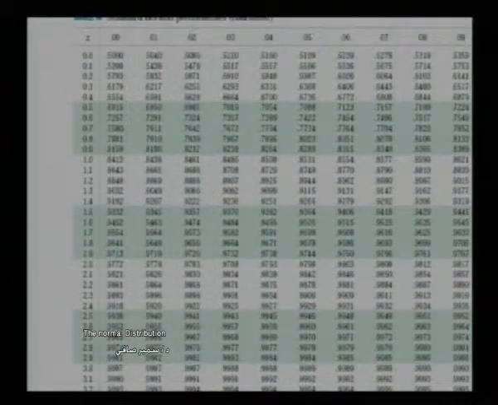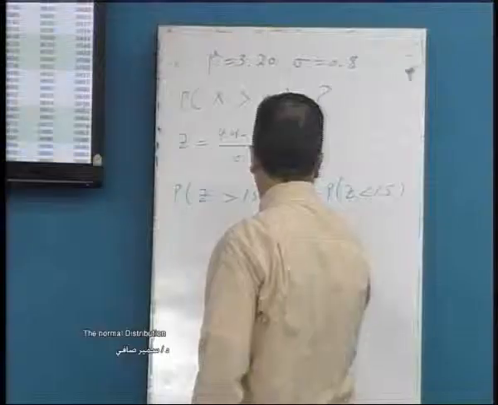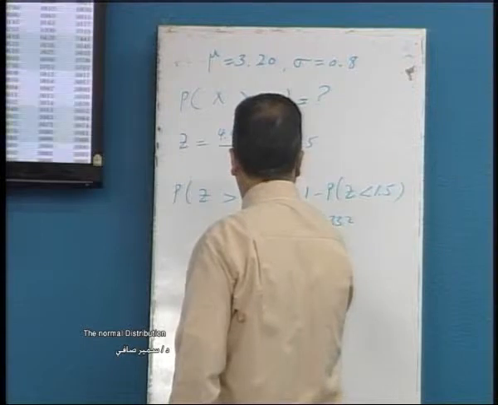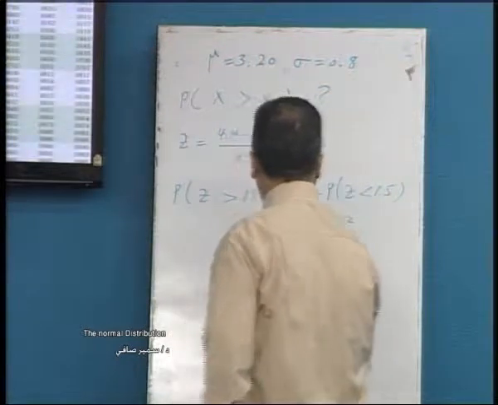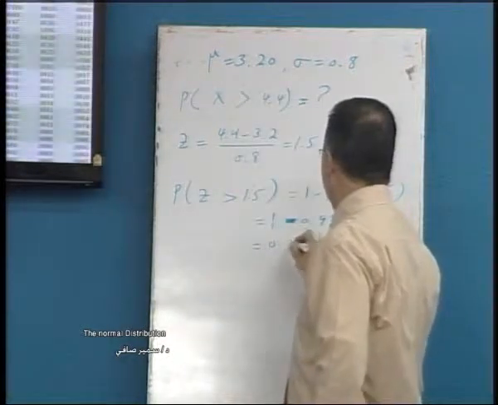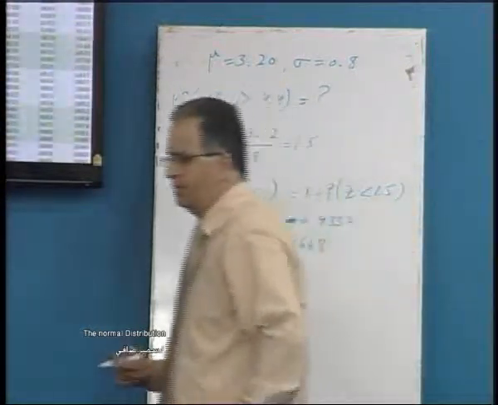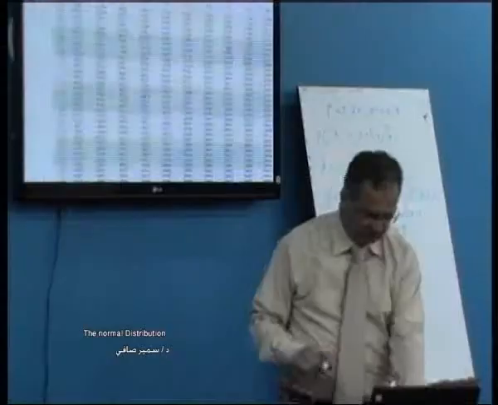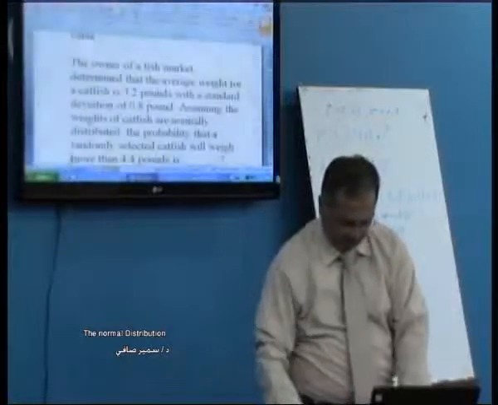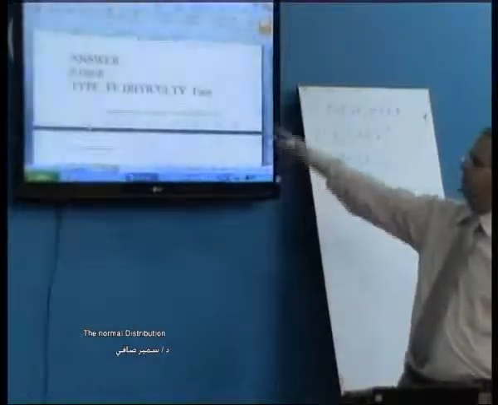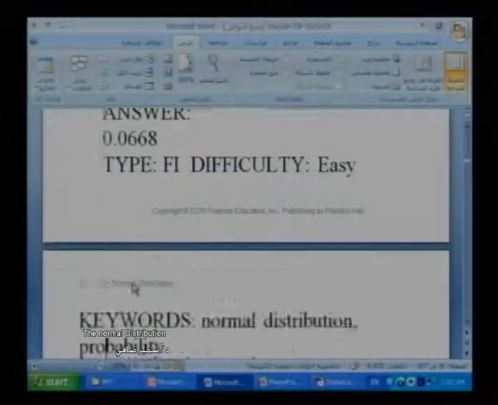Now 1.5 under 0 is 0.9332. 1 minus this probability gives 0.0668. That's the probability of x greater than 4.4. So the answer is 0.0668.